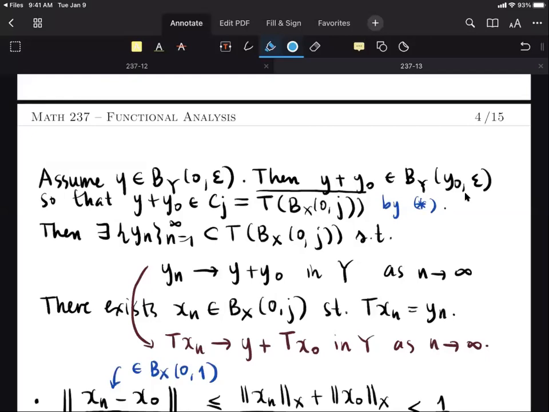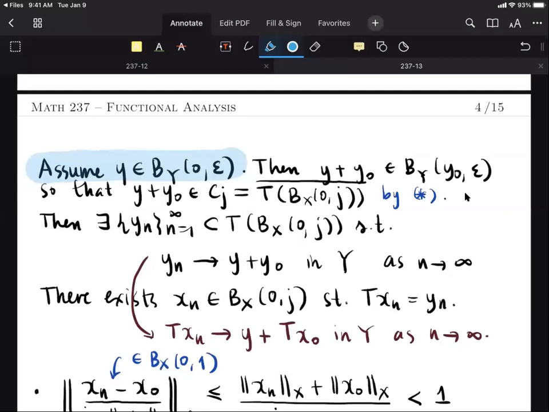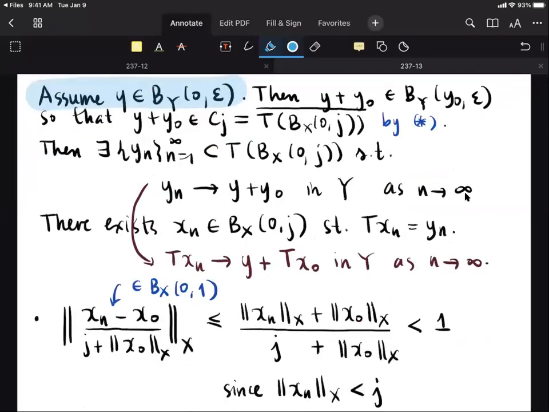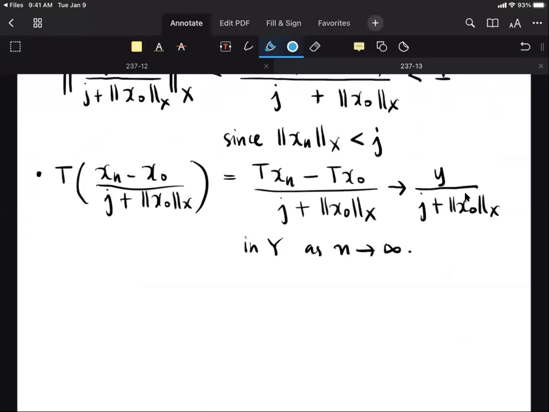Let us highlight that, assuming we have y in B(y naught), this part here, and take note that this is an element of C sub j.